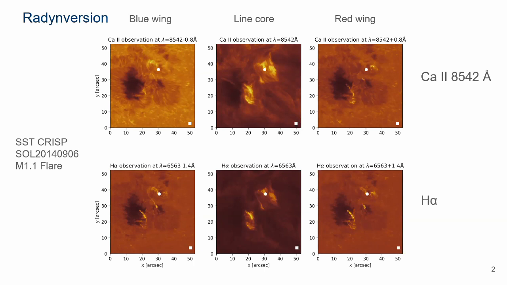Our observations are taken about every 10 seconds, so we get a good idea of what's going on. But we also know from our models that the evolution timescale of an individual pixel, which here would be about 50 kilometers across, is probably well below a second.